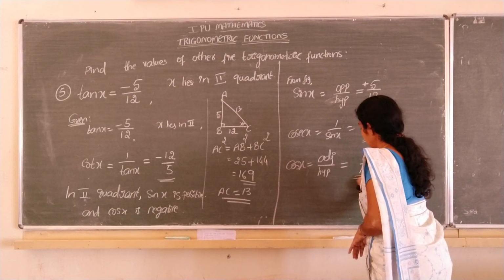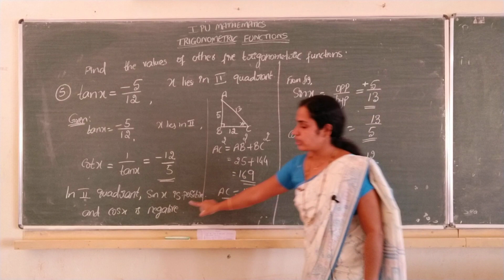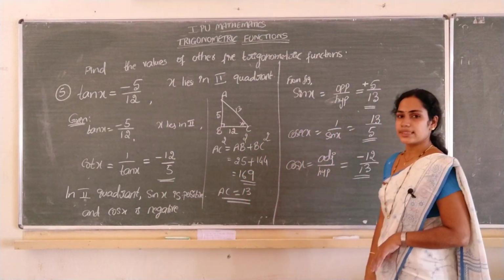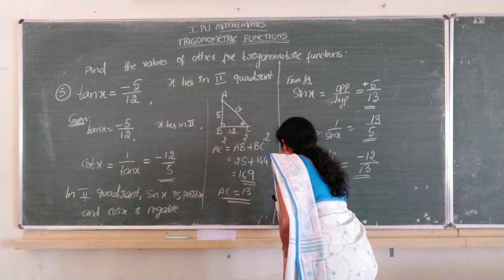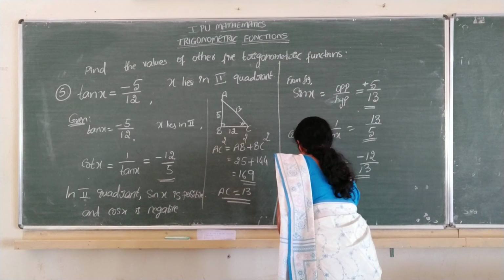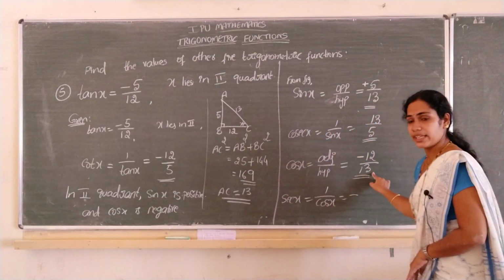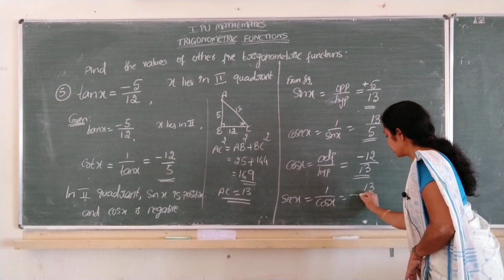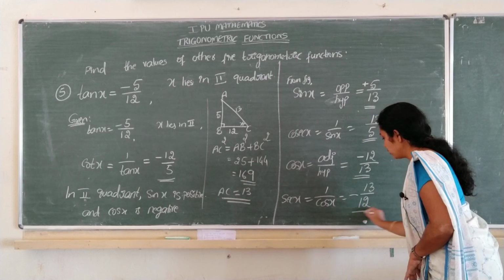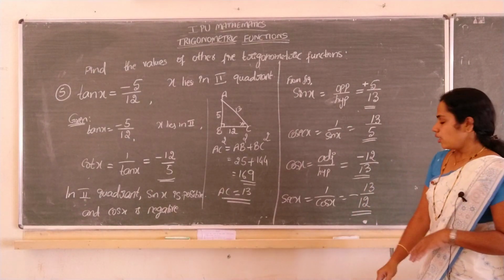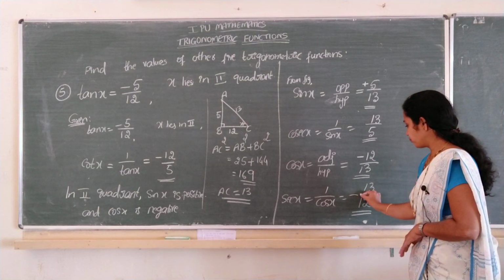But what is the sign? In the second quadrant, cos is negative, so we have to put a minus sign. Next is secant x. Secant x is equal to 1 by cos x. Now, reciprocal of this, that is minus 13 divided by 12.